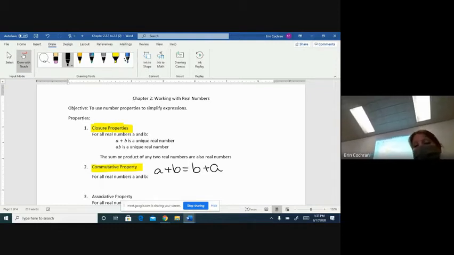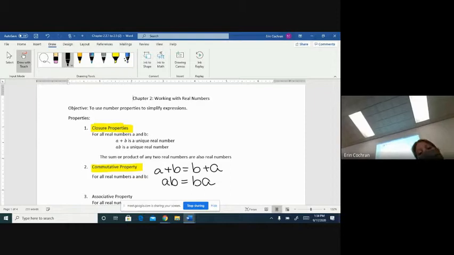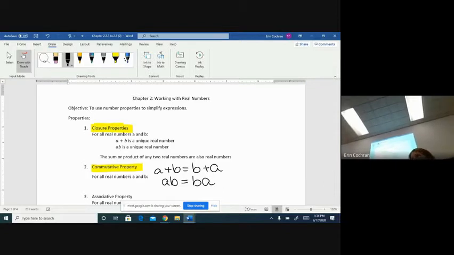Yes, okay. And it's also true with multiplication. If I take A times B, that is going to be the same thing as B times A, okay? So any two numbers can be added or multiplied in any order. Can I subtract numbers in any order? No, only if I change the subtraction to what? Addition, okay? And then same thing with division. Division is not unless I turn it to multiplication by its reciprocal, okay?